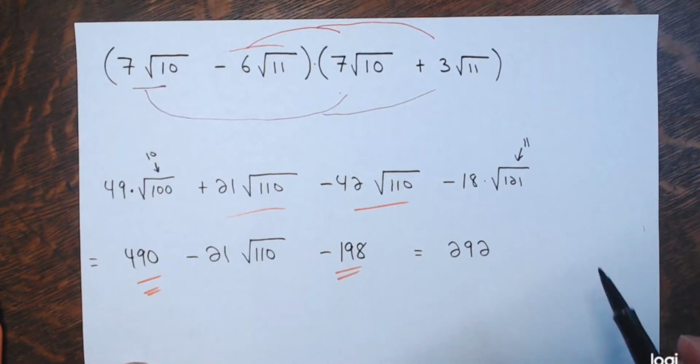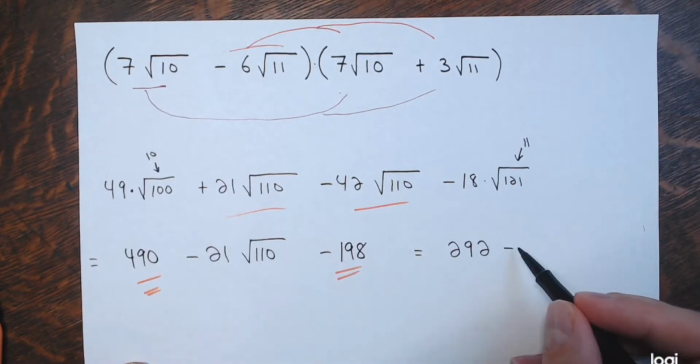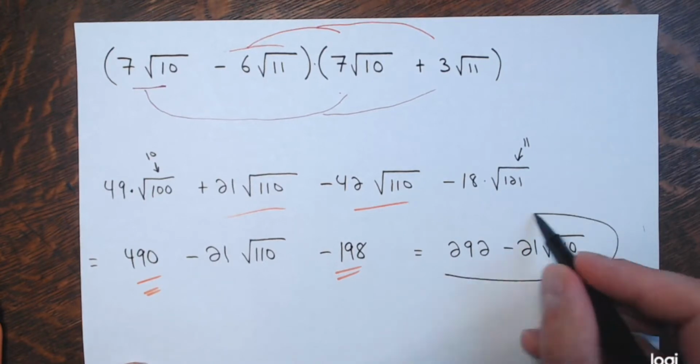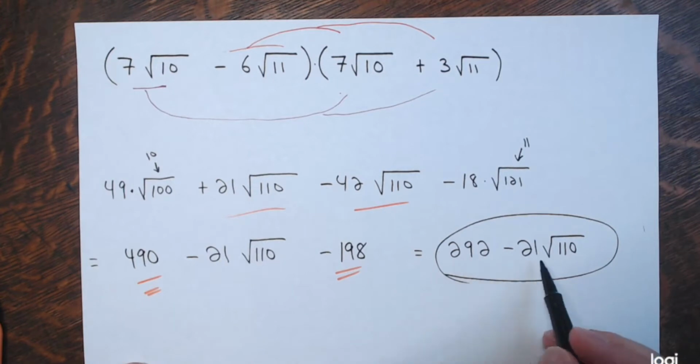Then minus 21 times the square root of 110. And once again, these don't go together because one's a non-radical term, the other's a radical term. So this is it: 292 minus 21 times the square root of 110.